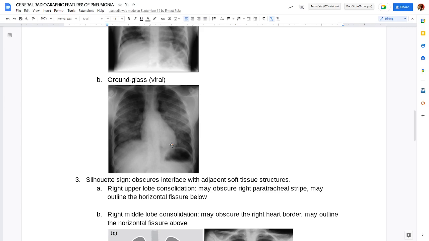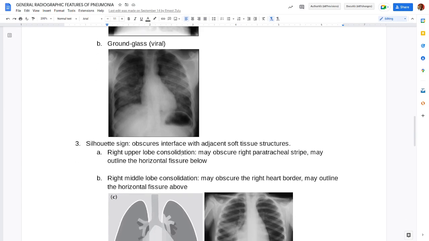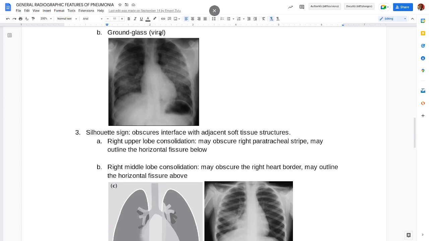So that was the second part, the density. We've looked at the margins, we've looked at the density. Now there's also a characteristic feature of pneumonia called the silhouette sign.